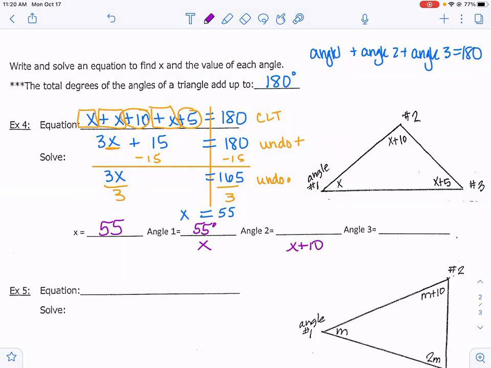So if x is 55, we have 55 plus 10 degrees. Okay. And then angle 3 was x plus 5. And we found x to be 55. So angle 3, yes, is 60 degrees.